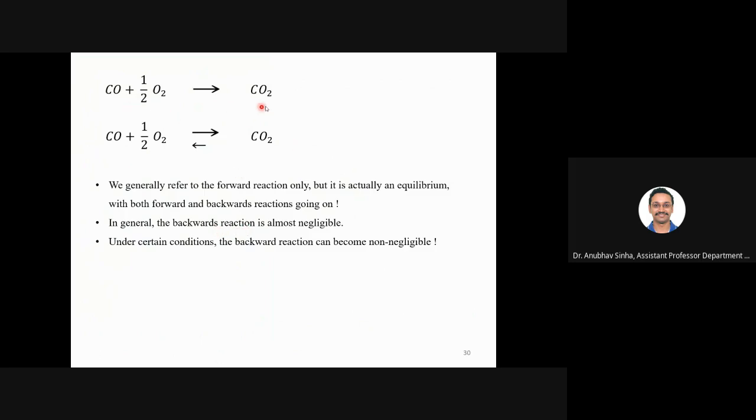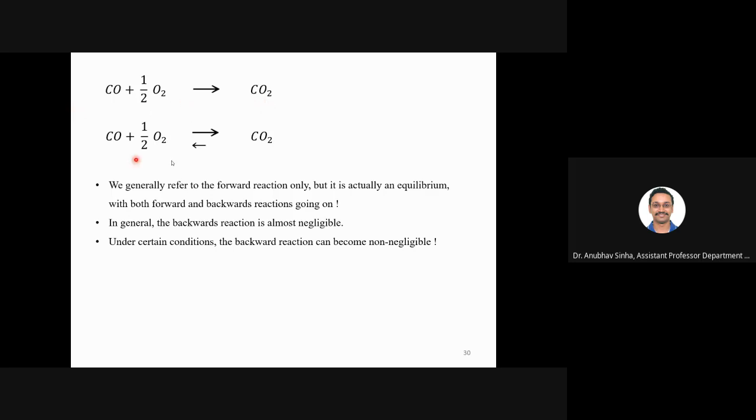Let us say 1 million molecules of CO2 are formed and 0.1 moles are breaking. So it is about a million times more favorable to form this rather than break it. That's why when we talk about combustion, we mostly consider the forward reaction.